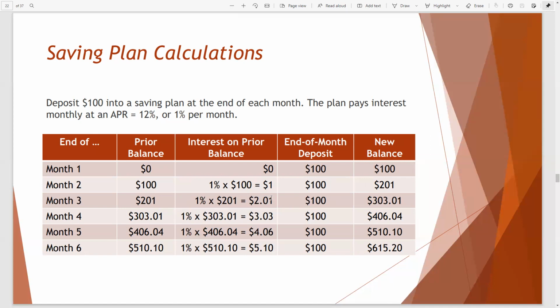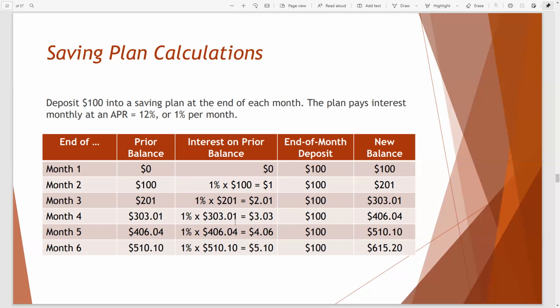Together with your prior balance, and the $100 deposit at the end of the month, that's $303.01.